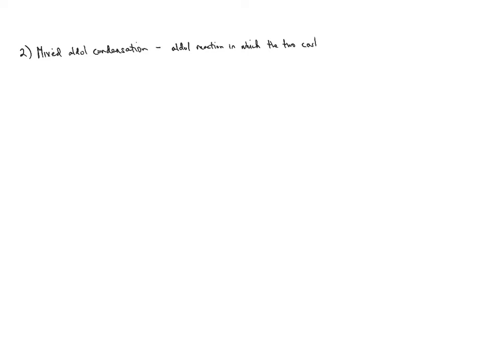So the two carbonyls are not the same. Now, why is this important? Well, let's consider the following reaction. So let's say we have this aldehyde, and we have this ketone. And we're going to treat this with hydroxide as base.